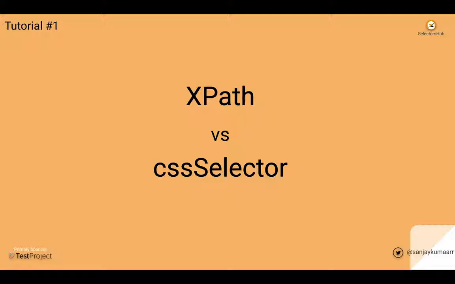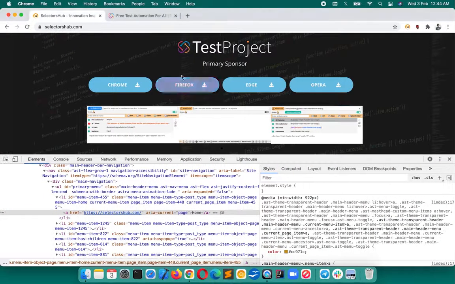XPath versus CSS selector. This is a very common question asked, and people always discuss it. The very first thing: XPath and CSS selector both are the address of the web element. It is used to locate the element.